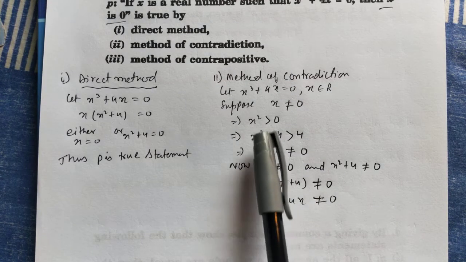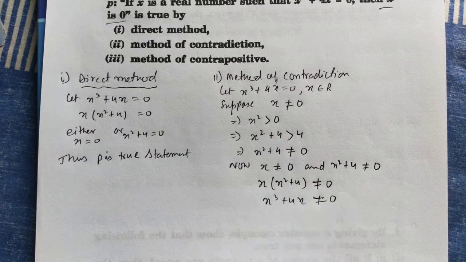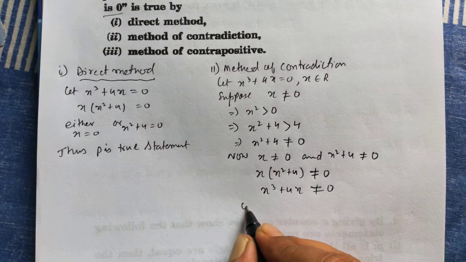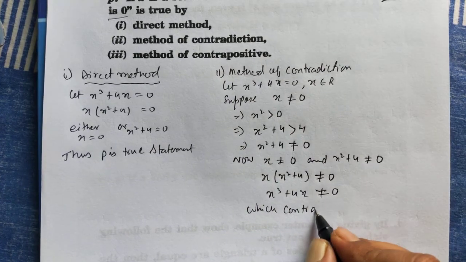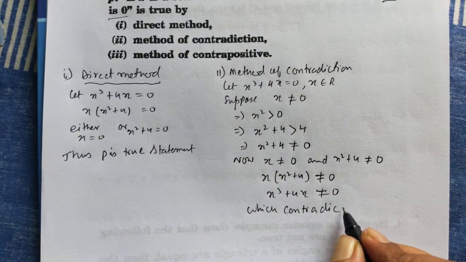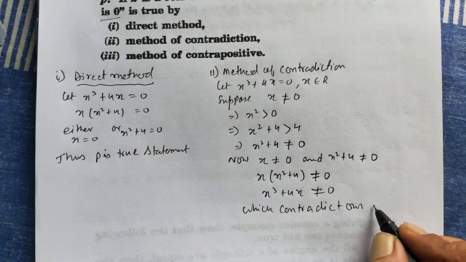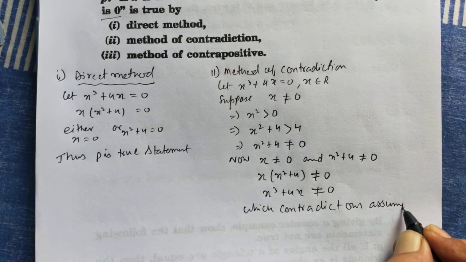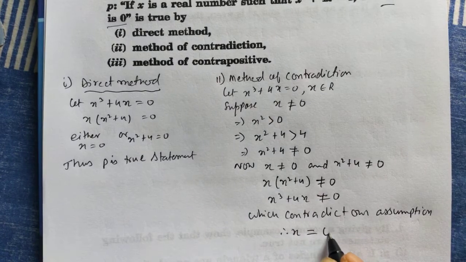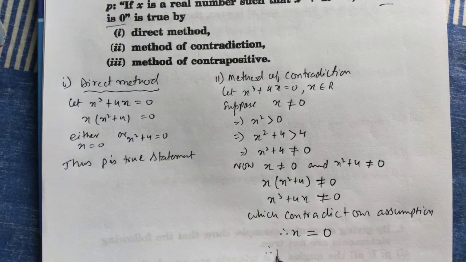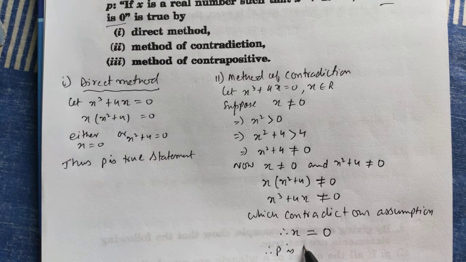We're considering they are equal, but it's coming not equal. So which contradicts our assumption. Therefore x must be equal to 0. Therefore P is true statement.